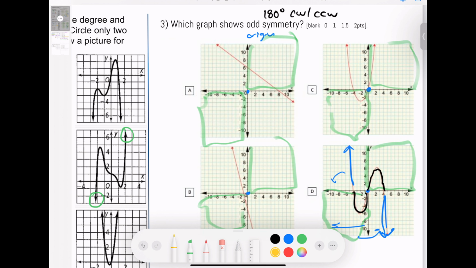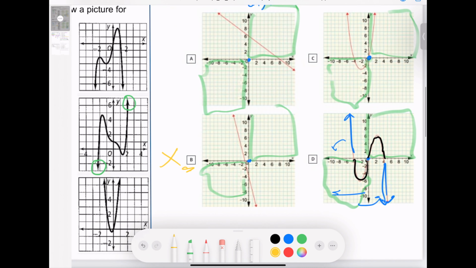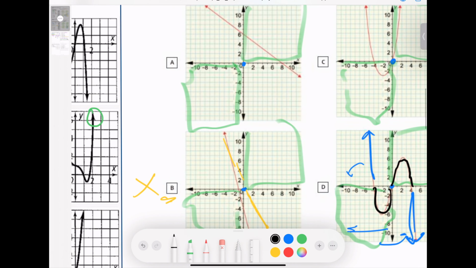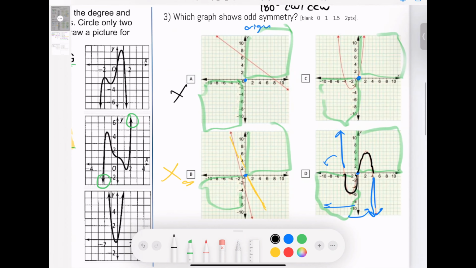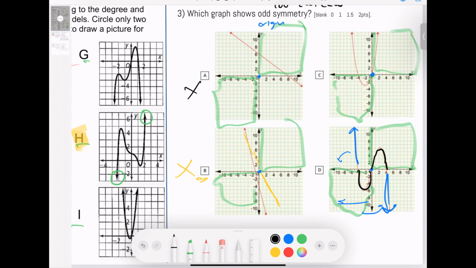Choice B is wrong, because if it was going exactly through the origin, that would probably help. A is way off, and C, if they had positioned it, no, it's not. So D is your correct answer.